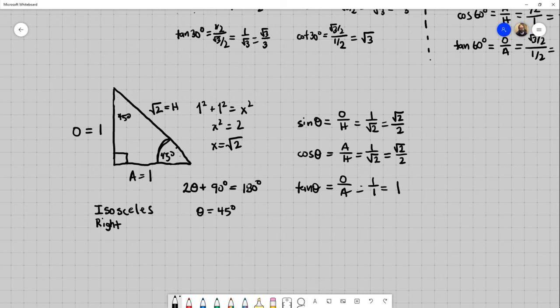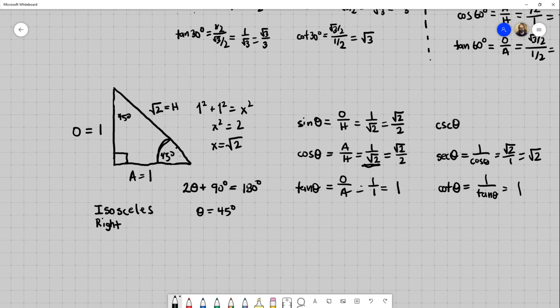And then we'll again use the reciprocal identities. Cotangent of theta, I'll more explicitly write it out here. Cotangent of theta is the reciprocal of tangent, which is 1 over 1, or 1. Secant of theta is the reciprocal of cosine. And I'll use this version of the fraction, root 2 over 1, which is root 2.